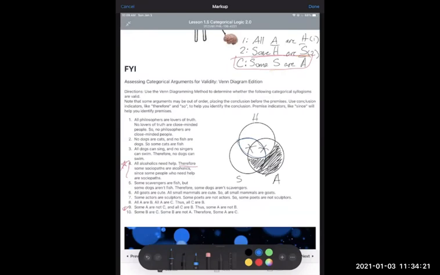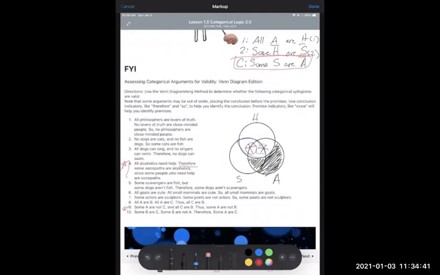Well, that's a candidate. Let me use a different color here. That one is a candidate. That's an S, and it could be an A, but you don't know for sure that it's an A. So that one is definitely not establishing the conclusion.